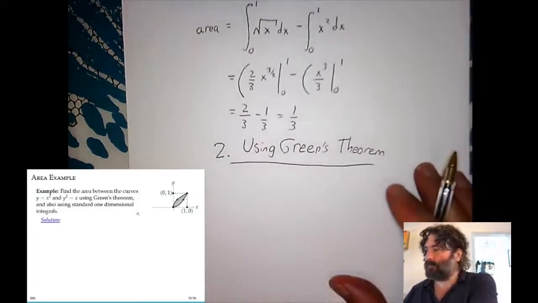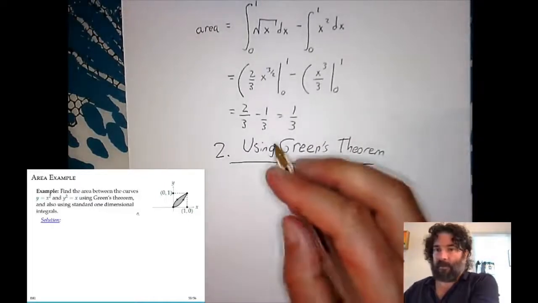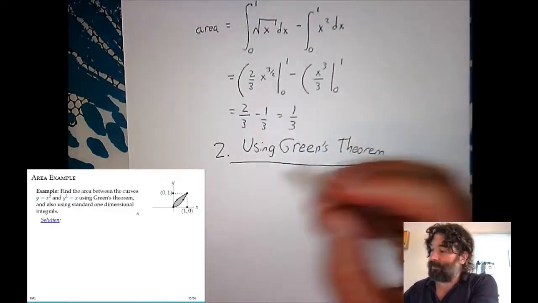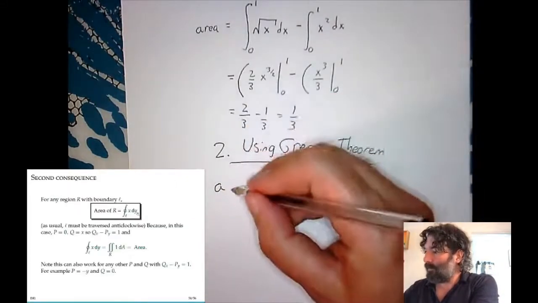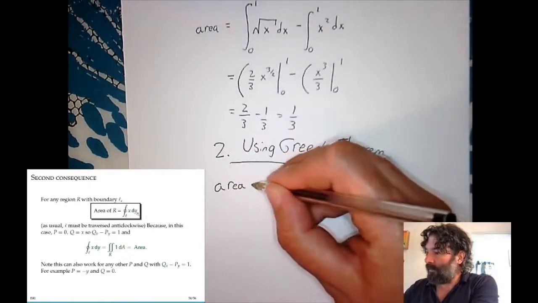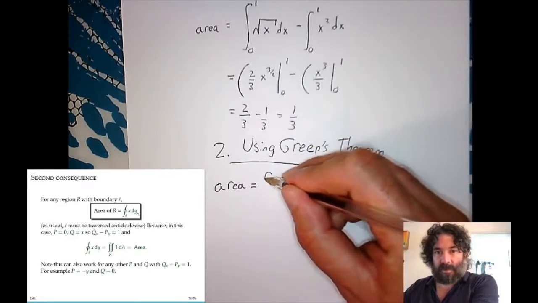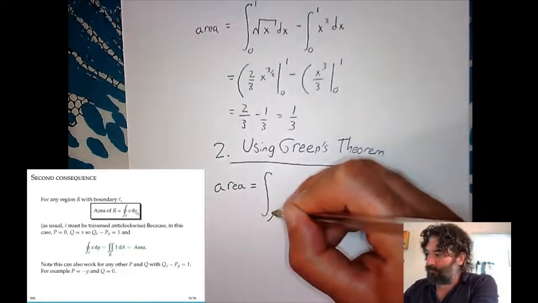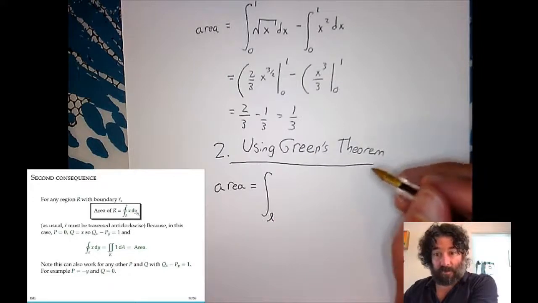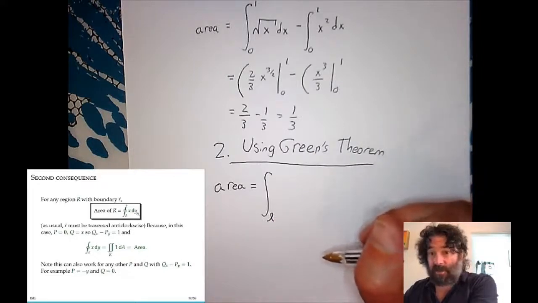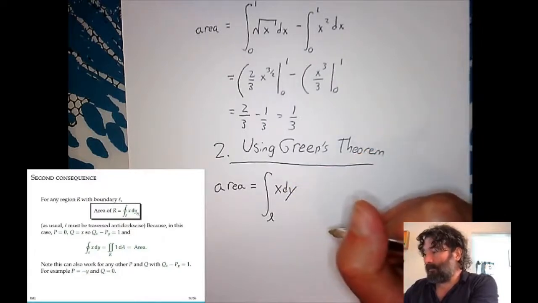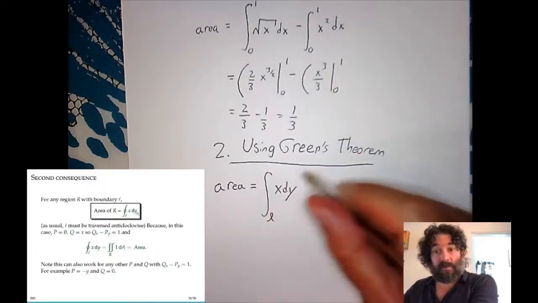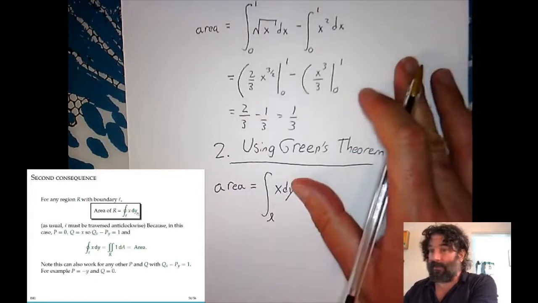So remember that the area, according to the previous slide, of R is going to be equal to the integral around the boundary of R, so that boundary traversed in the anti-clockwise direction, L, of x dy. And so we need to do this line integral, and that will give us the area.